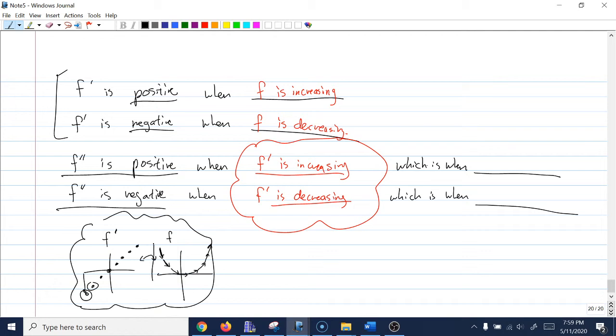Either it was steep negative getting less negative, or it was shallow positive getting steep positive. Or both. Like, all of this could be combined. How do I give a name to this? I don't know if you use these words in an algebra class you took, but a shape of this curvature is called concave up.